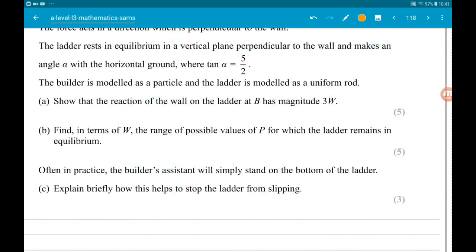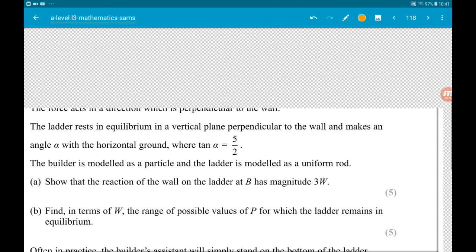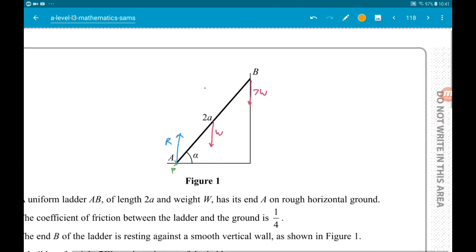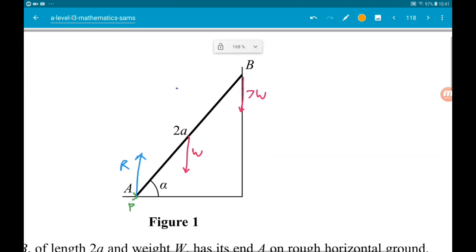Okay, then part B, we want to find in terms of W the range of possible values of P for which the ladder remains in equilibrium. Now that we're thinking about P, we need the horizontal forces to be in equilibrium.